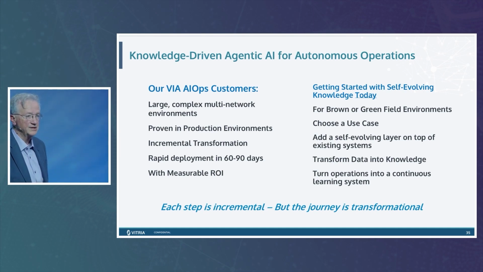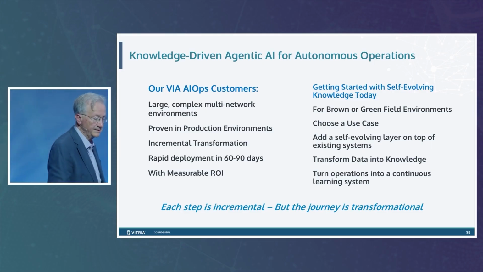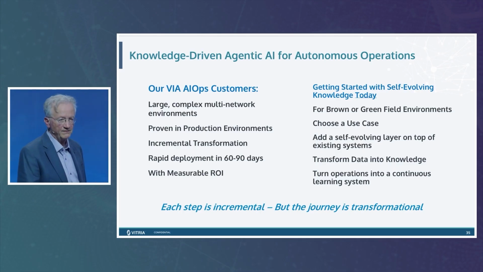And we do this with our customers. So many of our customers are AIOps customers. All of them have large, complex network environments, legacy environments, plus 5G environments, okay? And we work with them with a process we call incremental transformation. We say, okay, let's not knowledgeify the world.